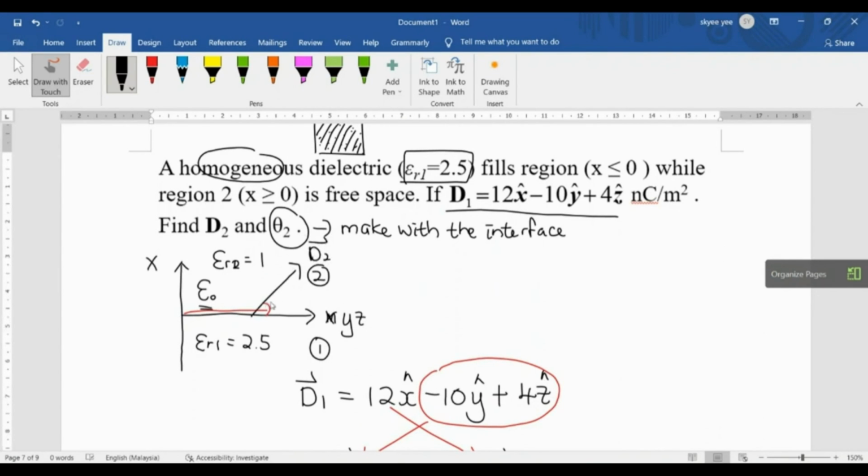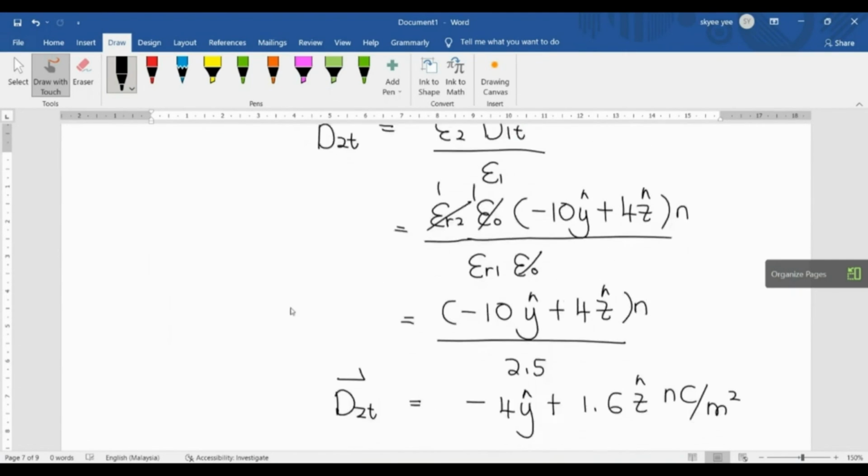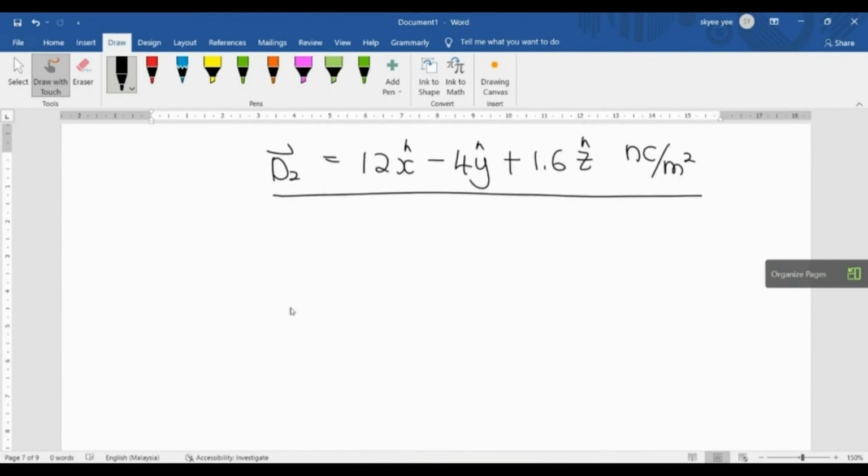We want to find the angle made with the interface, this angle. Maybe I will just draw again. D2, and this is the interface, theta 2. Your D2 tangential is this one, so you can use the cos to find it again.